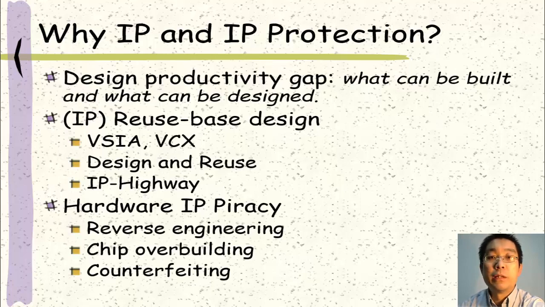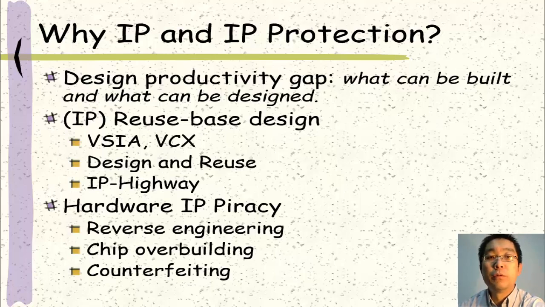Reverse engineering is the process where a product is taken apart and analyzed in order to improve or duplicate the product. For hardware design IPs, the cost and the skills required for reverse engineering are much less than those to develop the original IP. This gives attackers incentive for IP piracy.